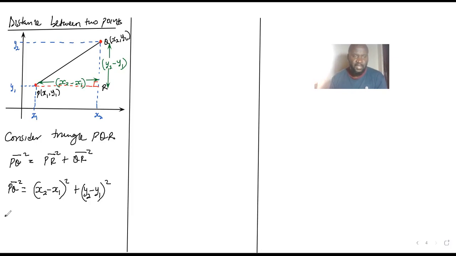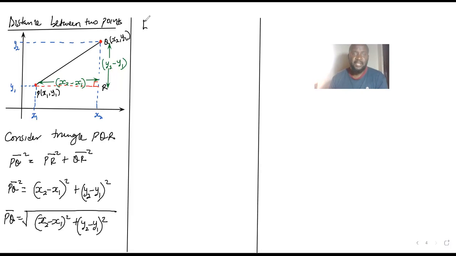So at the end of the day, P can be got from the square root of (x2 minus x1) squared plus (y2 minus y1) squared. Hence, that is the formula for the definition of distance between 2 points.